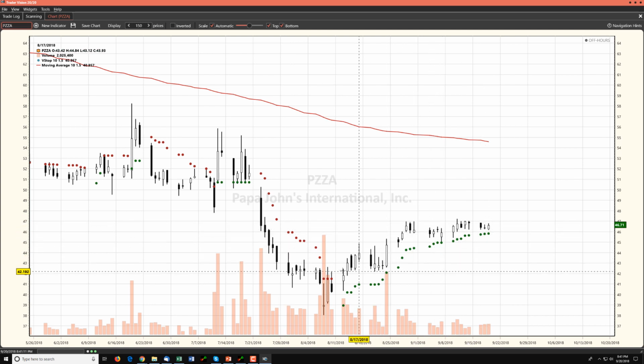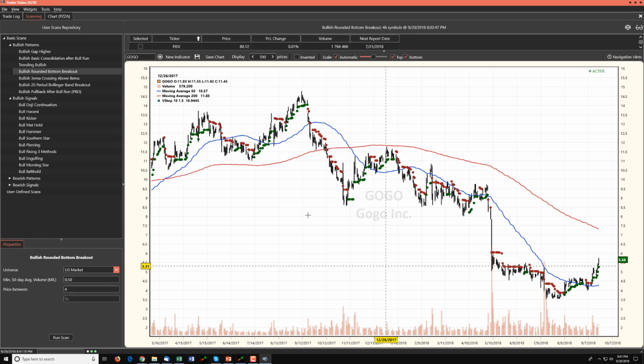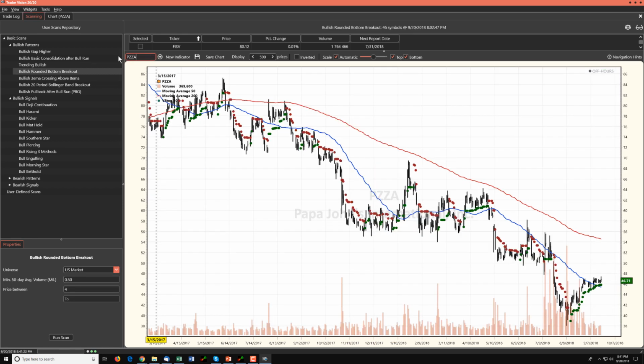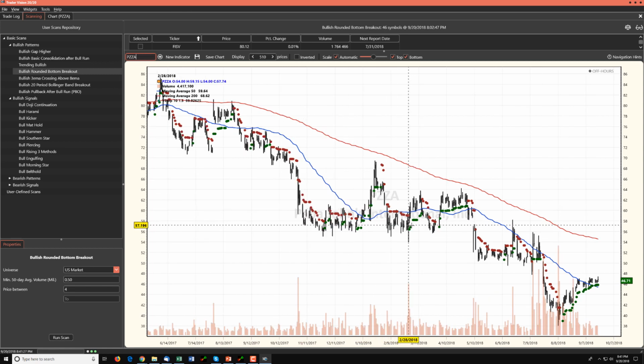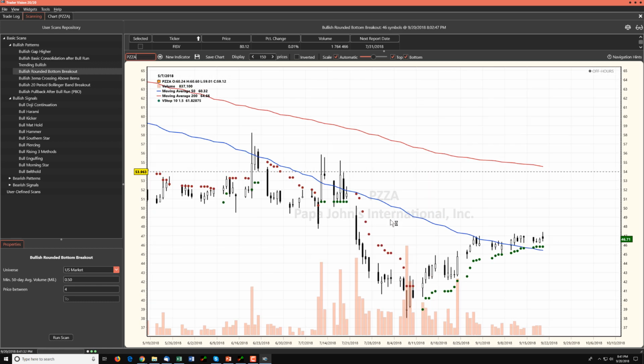Let me go back over to the other chart so I've already got the lines on it. Run up, consolidation here. It's broken into the RBB, and now we've got the Morningstar type of a signal there.